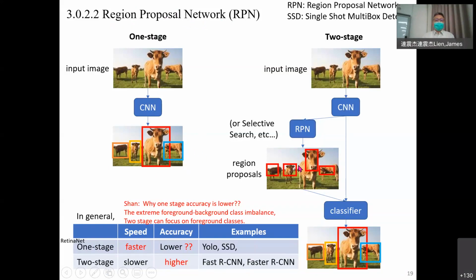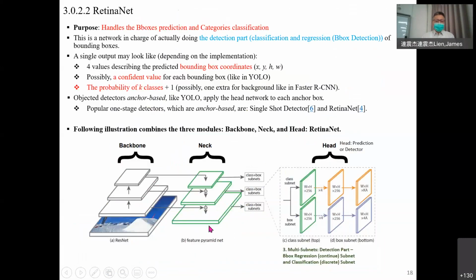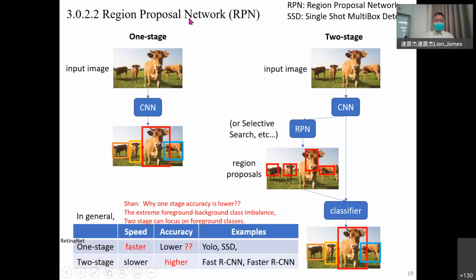But this other one is a feature pyramid network. Don't confuse them. It's totally different, but sometimes I think students will confuse them. This feature pyramid is a pyramid, so pyramid network is a network shaped like a pyramid. So this is called FPN. This is called RPN.